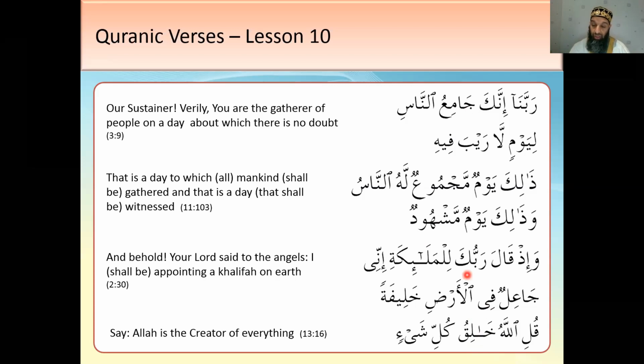Say Allah is the creator of kulli shay, everything. Kulli means every, and shay means thing. So we can see Khaliqu is used there. That's a different font.